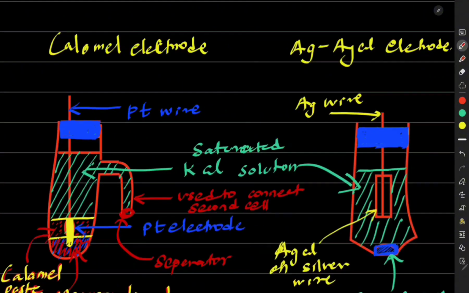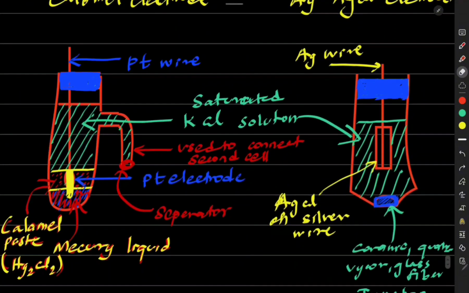Here we use Pt wire, and here we use Ag wire. The solutions are the same, saturated KCl solution. And here we use Pt electrode, and here we use AgCl on silver wire as the electrode. Here we use a separator. Here we have a junction, and there is a calomel paste here.